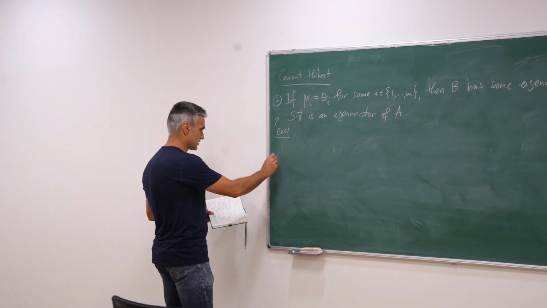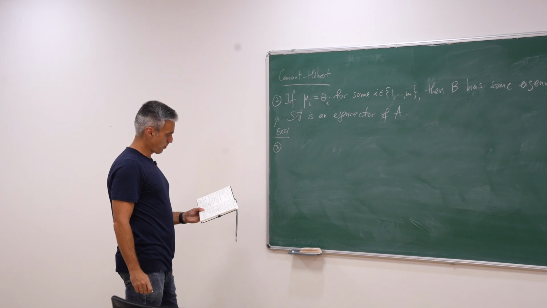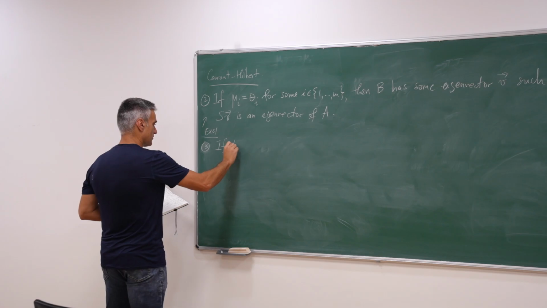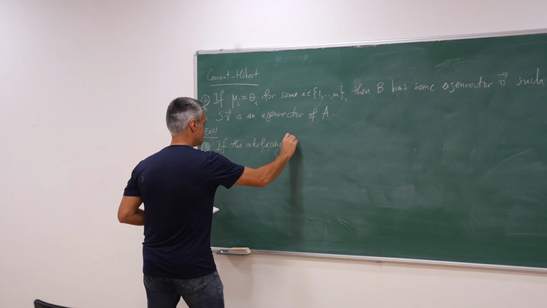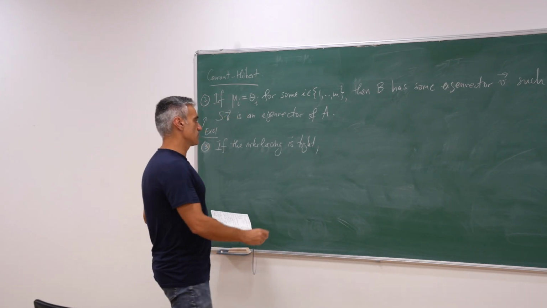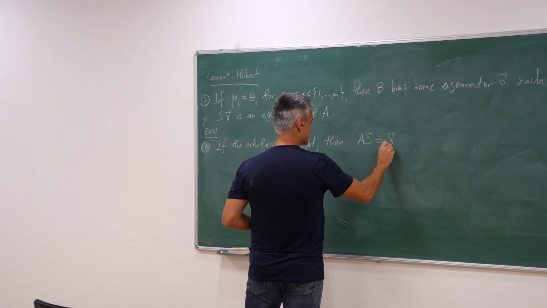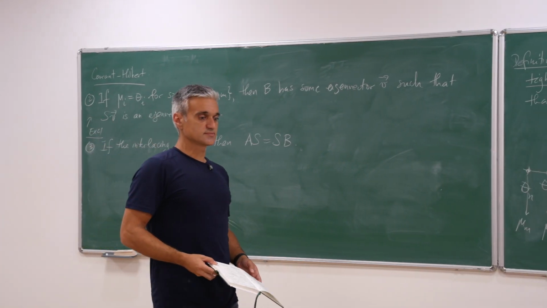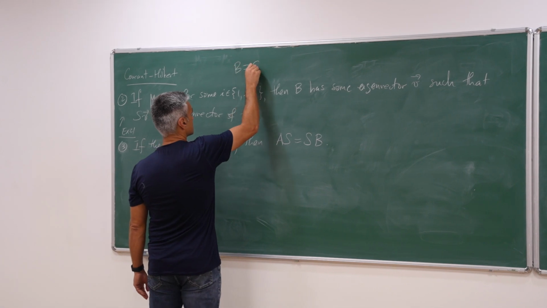Okay, and then there's another part 3. If the interlacing is tight, then you will have something of this form: AS equals SB. You have to be careful when you're dealing with these matrices.